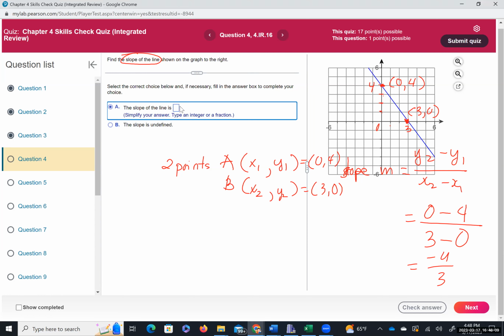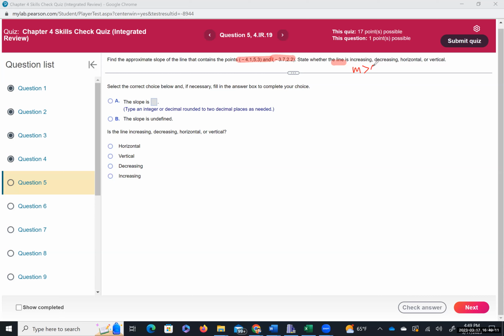So for increasing, you need to know that the slope is going to be greater than 0. Decreasing is going to be slope less than 0. Horizontal is going to be slope equal to 0. Or vertical is going to be slope is undefined.